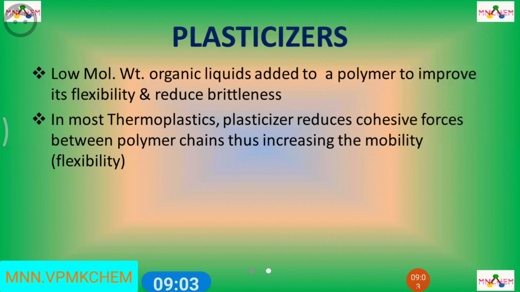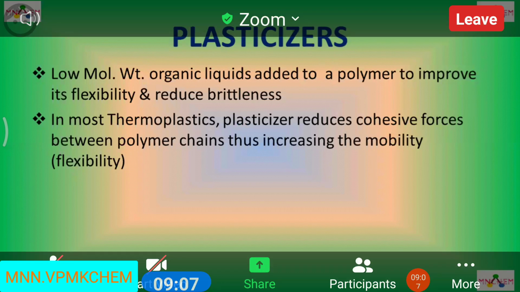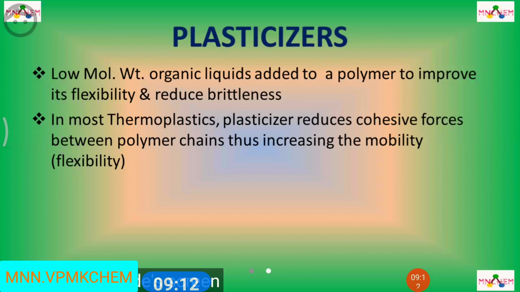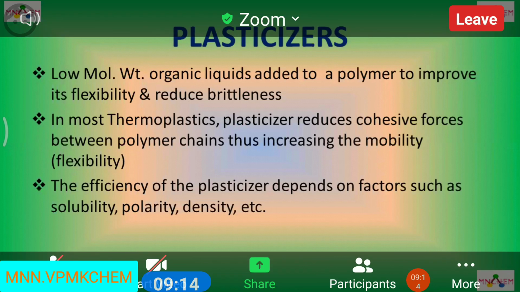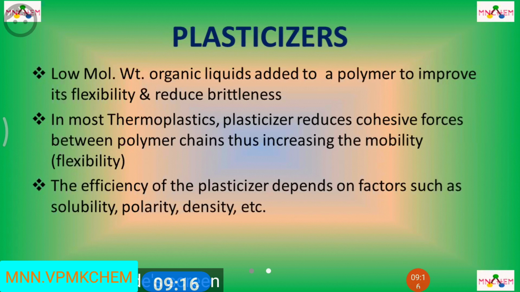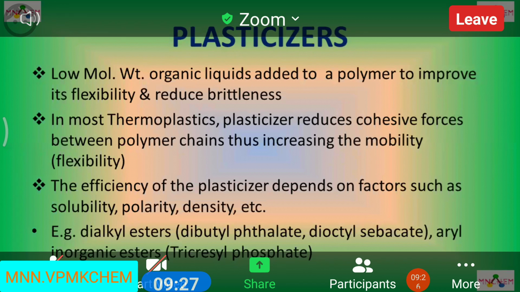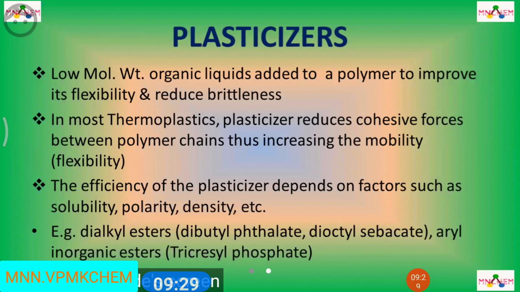The efficiency of plasticizer use depends on factors such as solubility, polarity, and density. There are certain common plasticizers used. For example, a few dialkyl esters like dibutyl phthalate, dioctyl sebacate, or aryl inorganic esters also used, known as tricresyl phosphates.